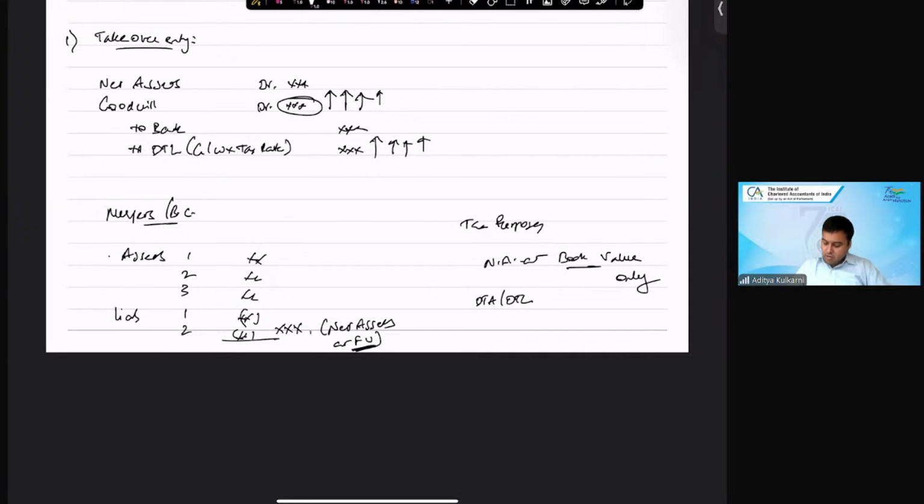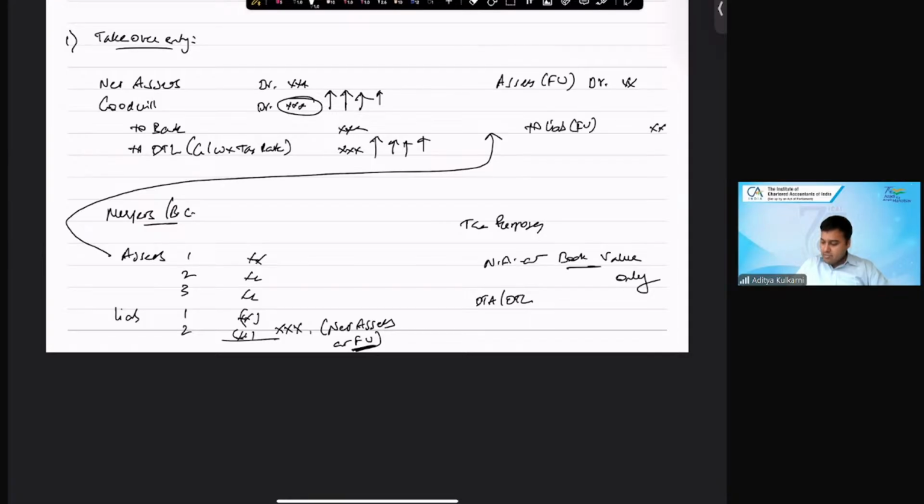So in the takeover entry, what will be passed is assets at fair value debit, liabilities at fair value credit, to bank. This is the purchase consideration that you have discharged. Okay, I'm keeping it very simple.